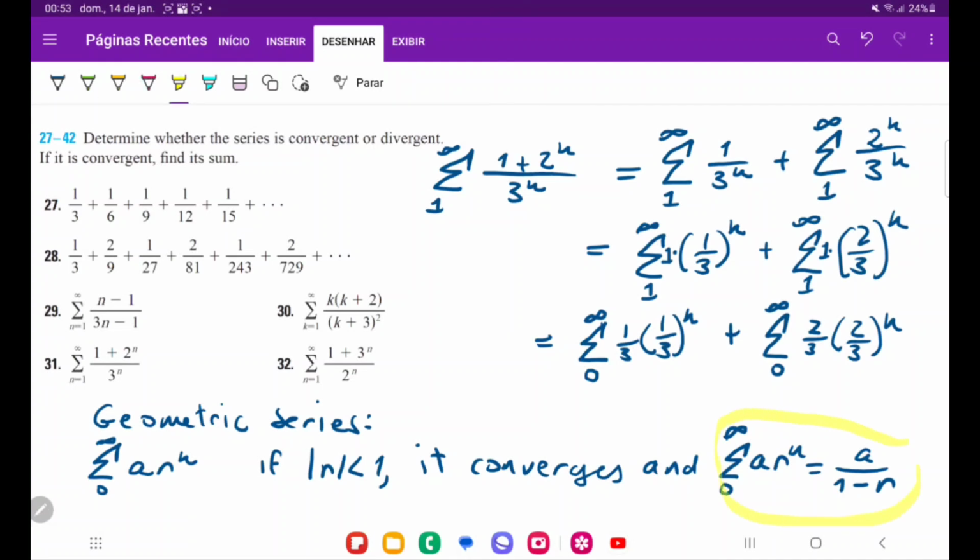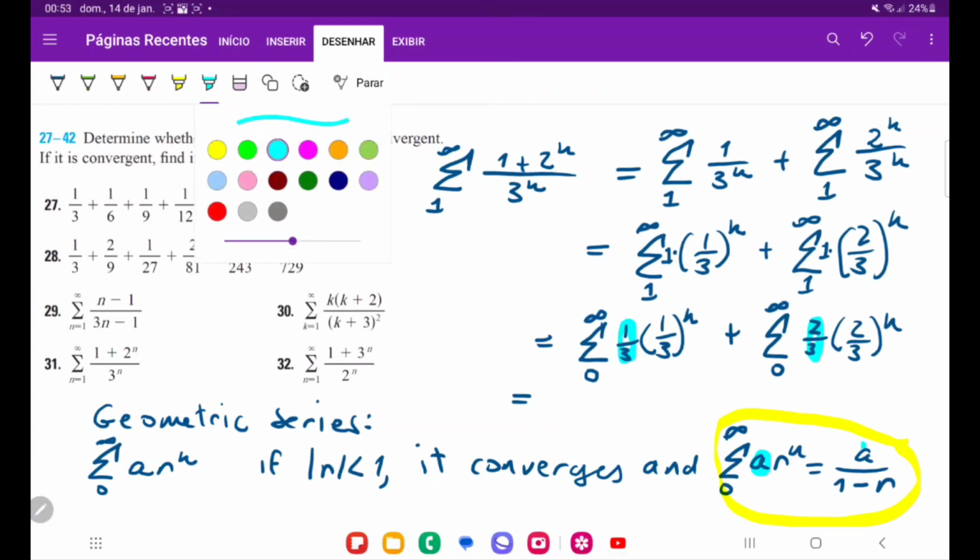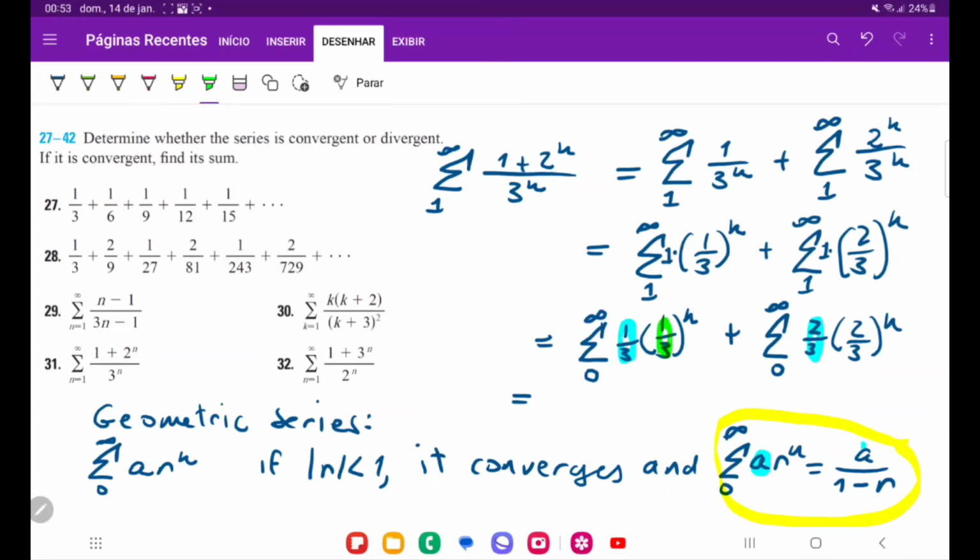Okay, so now we've gotten them to look like this here. It follows perfectly. So for the first one, we can see that a, which is the constant that's multiplying, is 1/3, right? And for the second one, a is 2/3. Whereas for the ratio, the first one is 1/3 and the second one is 2/3.